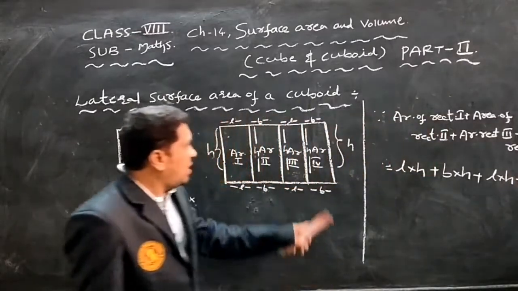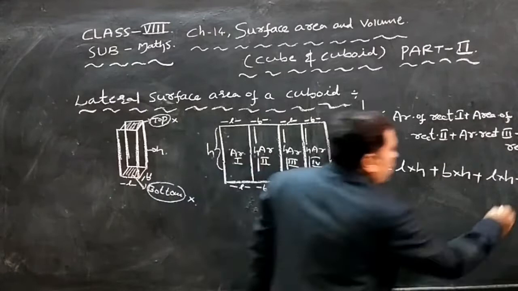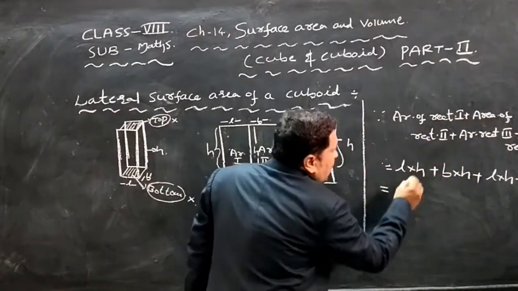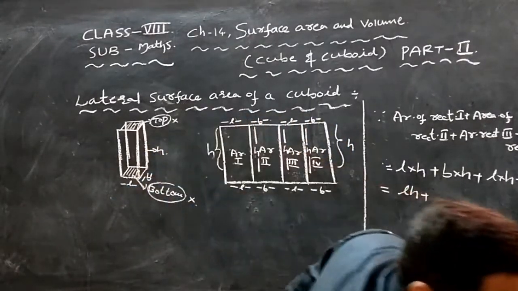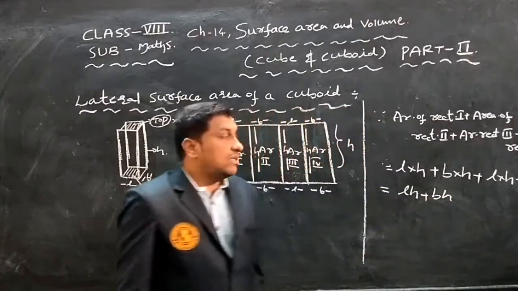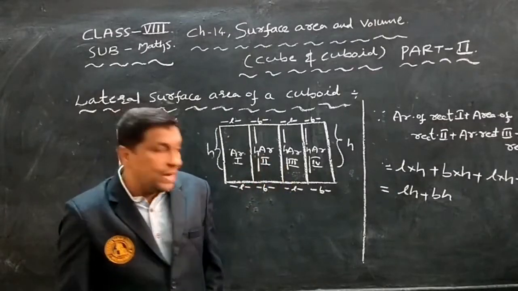Lastly, the fourth rectangle is equal to B into H. So it is L into H, that is LH, plus B into H, that is BH, plus L into H, LH, again B into H, BH.